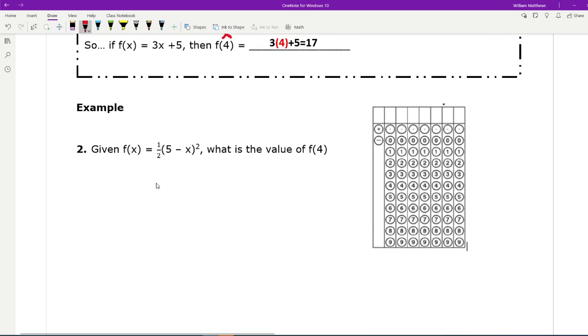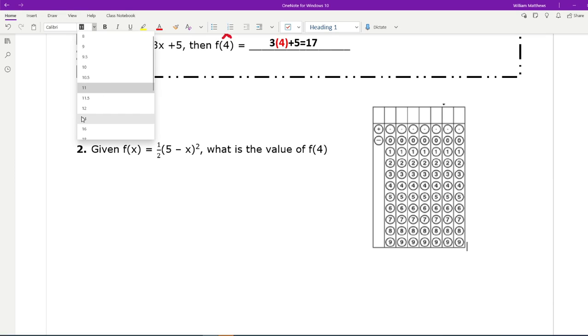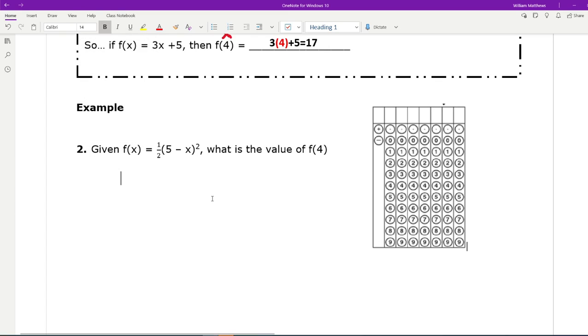To show it in this setup, I would rewrite my entire equation. So if I get the same format, we are now saying that the x value is going to equal 4. So I need to rewrite this.